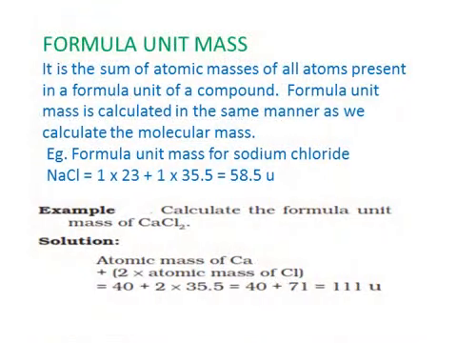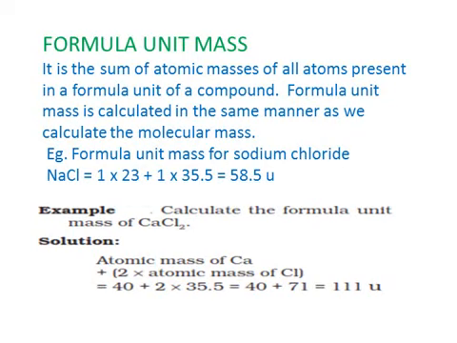Now let us see what a formula unit mass is. Formula unit mass is the sum of the atomic masses of all the atoms present in a formula unit of a compound. Formula unit mass is calculated in the same manner as we calculated the molecular mass before.